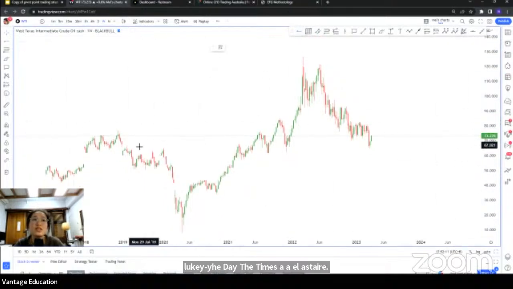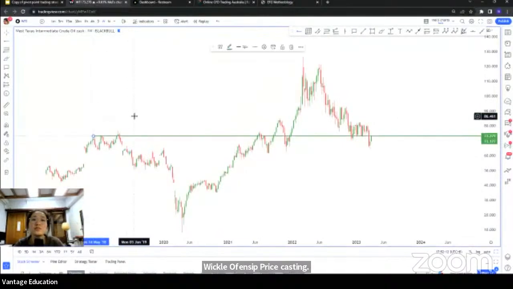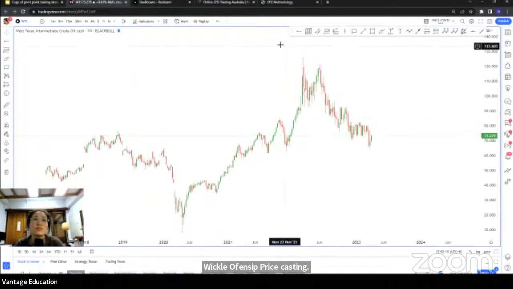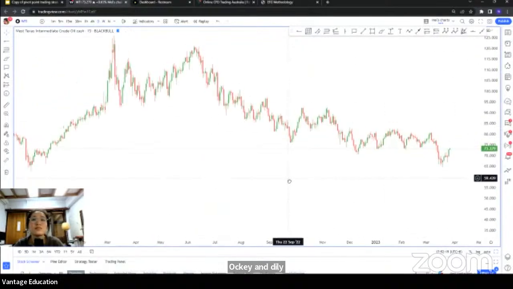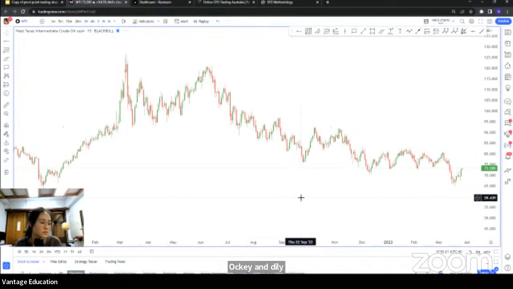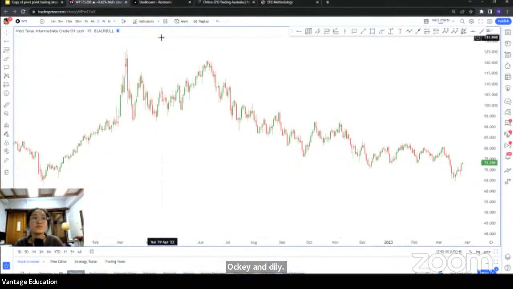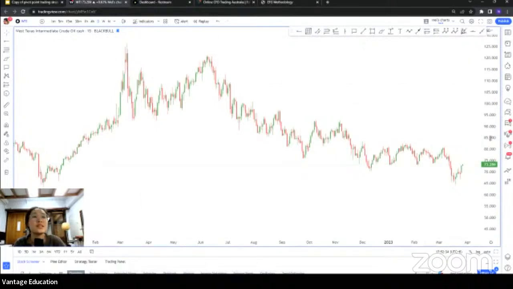Weekly, you can see price testing this level here. Okay, on a daily, okay, here's the daily time frame.